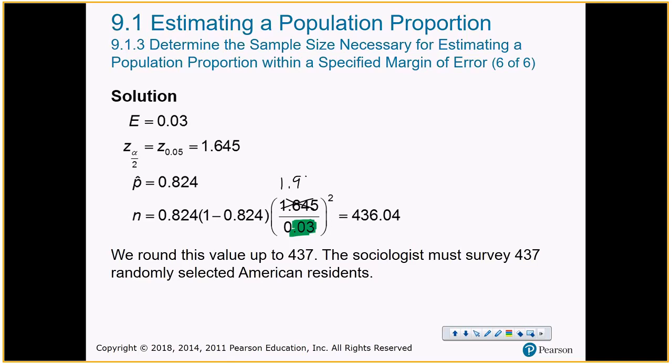So change that to 1.96 and tell me what you get. Of course, 3% margin of error would go down to 2% probably, but we're just going to see what changes. What does it change it to?